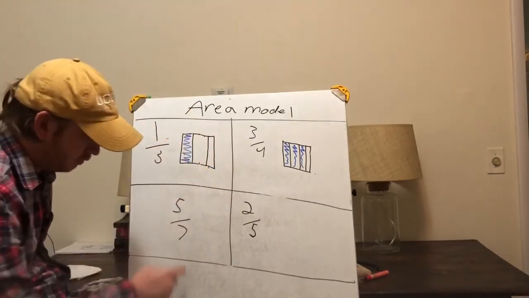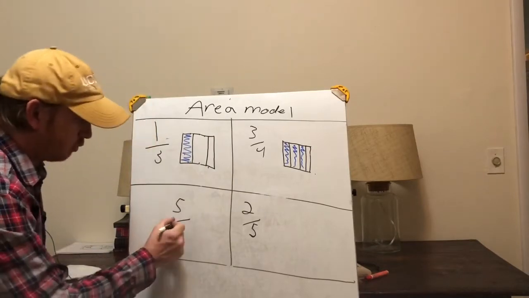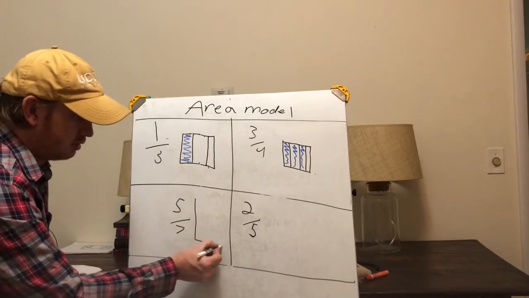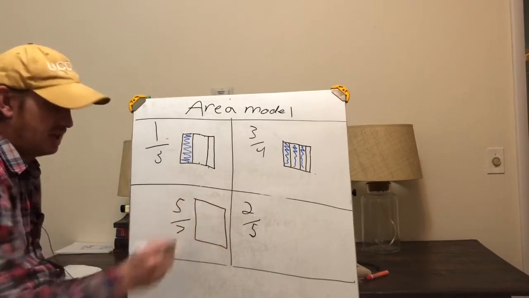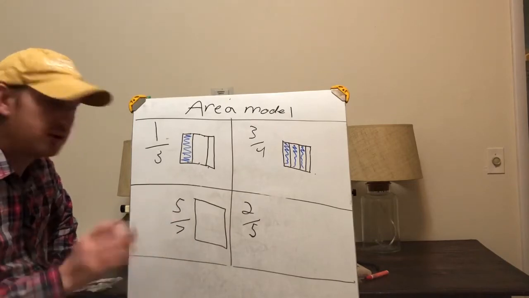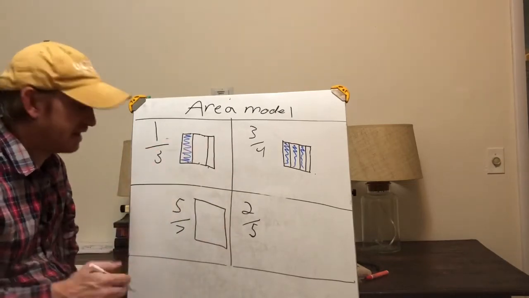This is 5 over 7. Make that 7 a little more crisp. 5 over 7. And I'm just going to go the other way this time, just to show you, but you can draw it however you see it best.